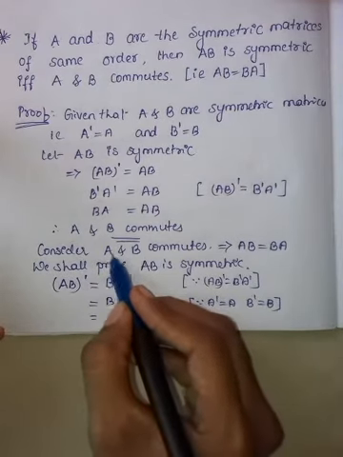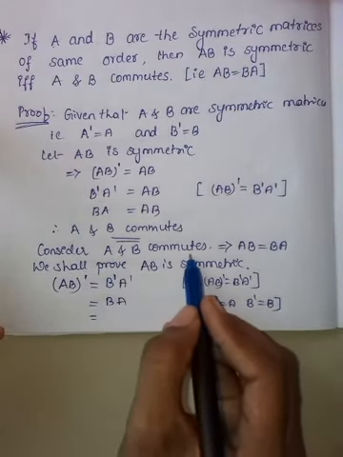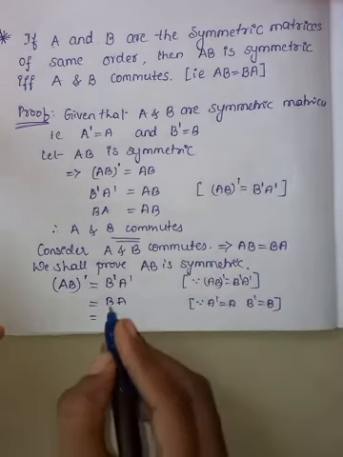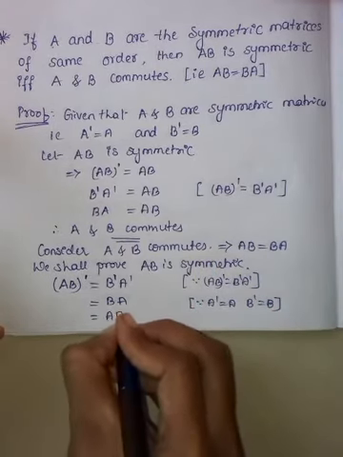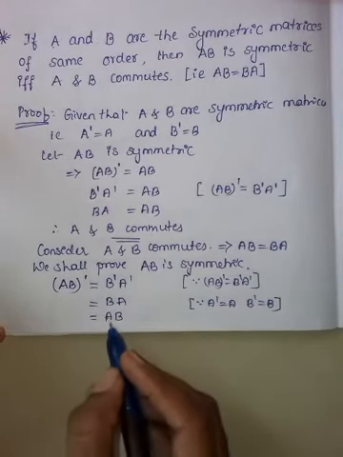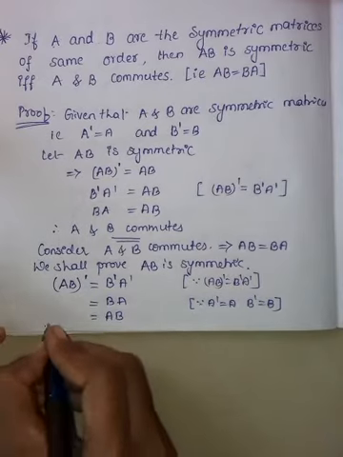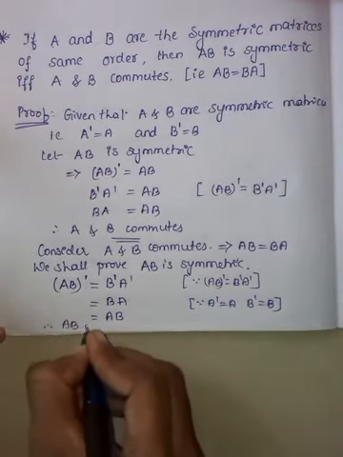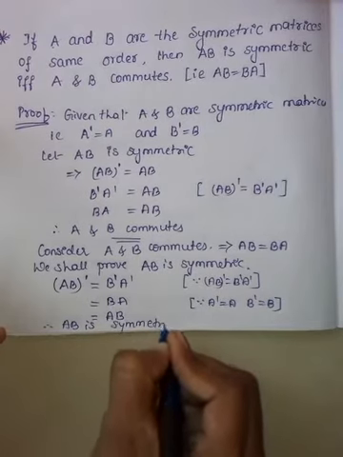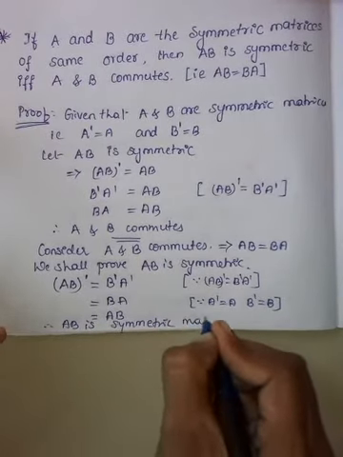Given that A and B commute, AB equals BA, so BA equals AB. Therefore (AB) whole transpose equals AB, which means AB is a symmetric matrix.